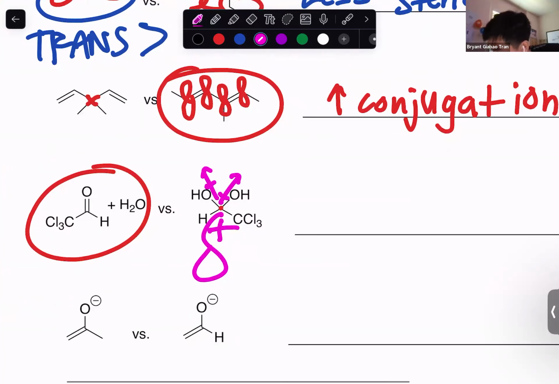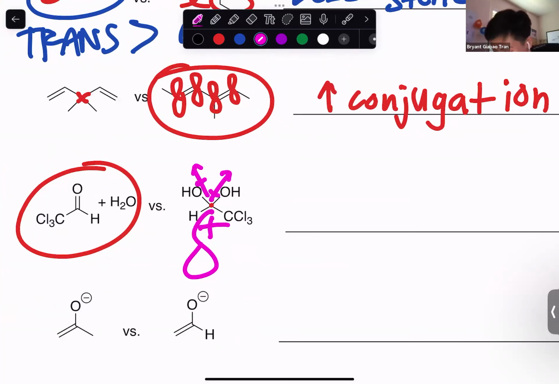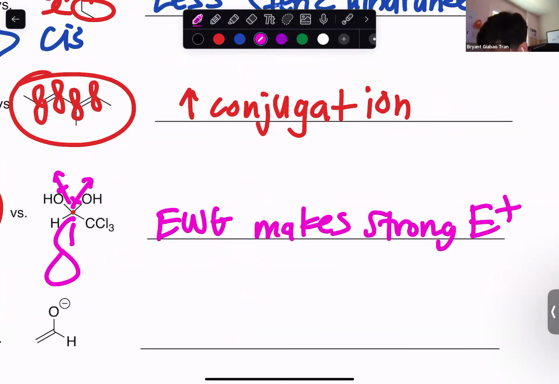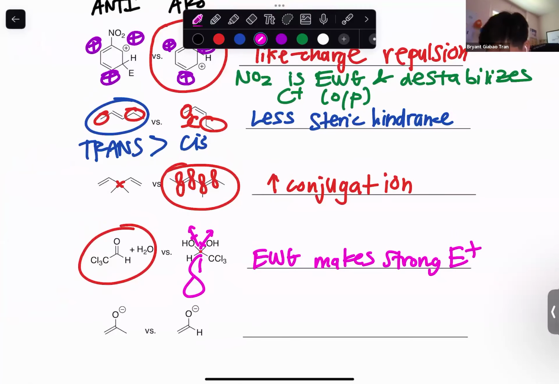But I don't know how to put that in words. Let's see what she put. Oh, shoot. EWG makes a strong electrophile. And she circled this one instead.